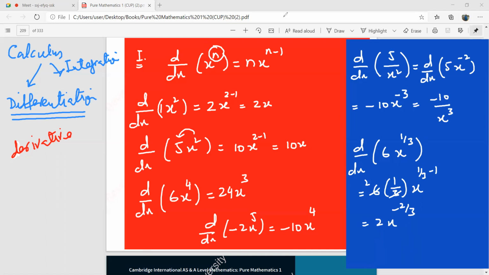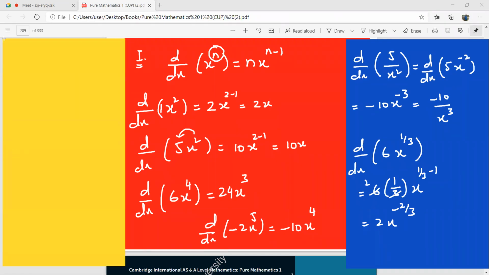And then some more examples on it before we go further deeper into this. Now suppose you have to differentiate, let me take some other color on it. Let's say you want to differentiate 6 under root x. Don't worry.